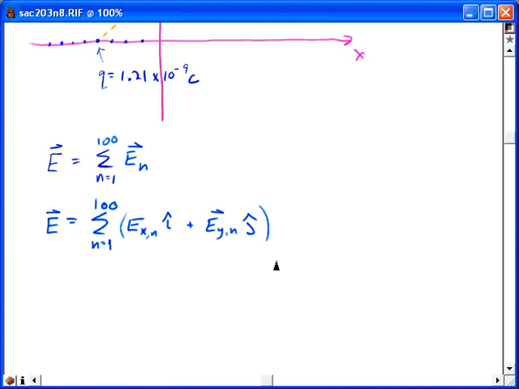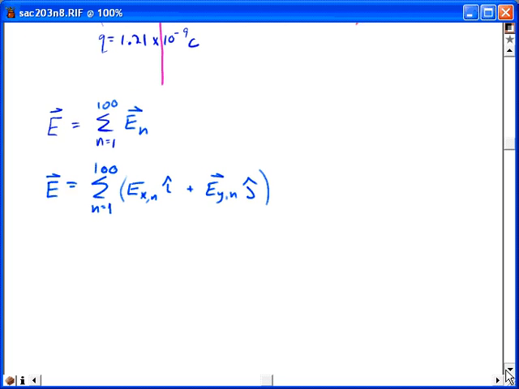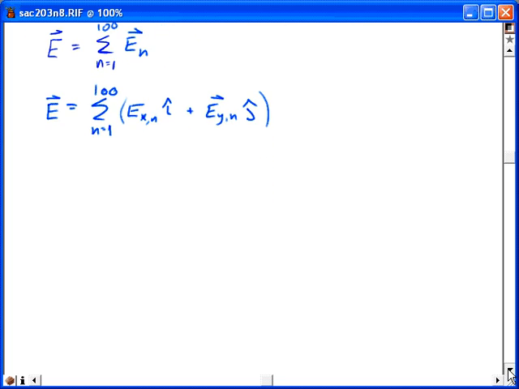So it's the sum of all this. I have 100 terms in the sum, and it doesn't matter whether I sum up each pair, or I add up these 100 terms and these 100 terms and then add the two results together like vectors, and that's what I'm going to do.